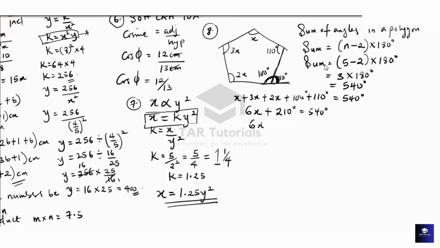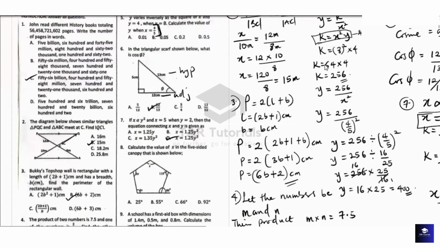We collect like terms: 6x equals 540 minus 210, that gives us 330 degrees. Dividing both sides by 6, 3 into 330 is 110 degrees, so x equals 110 degrees divided by 2, and that happens to be 55 degrees. So the value of x is 55 degrees, option B.